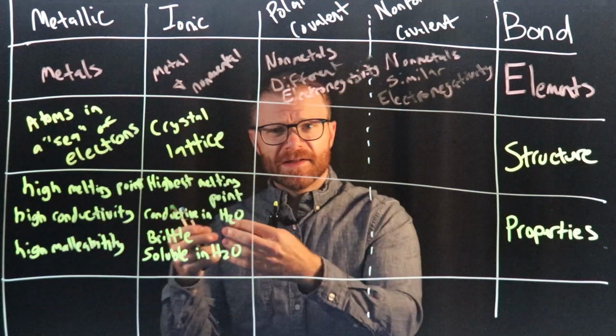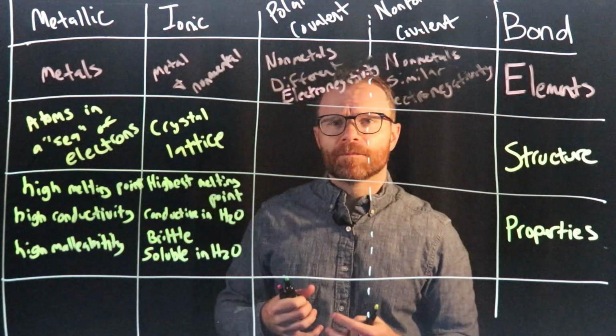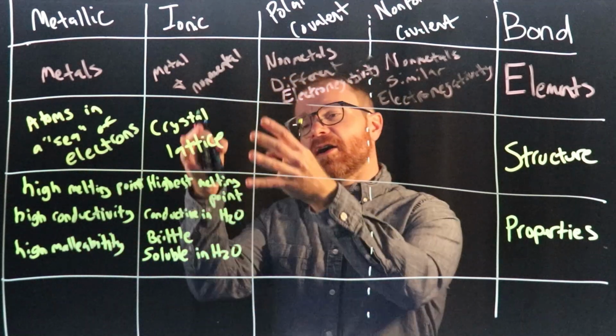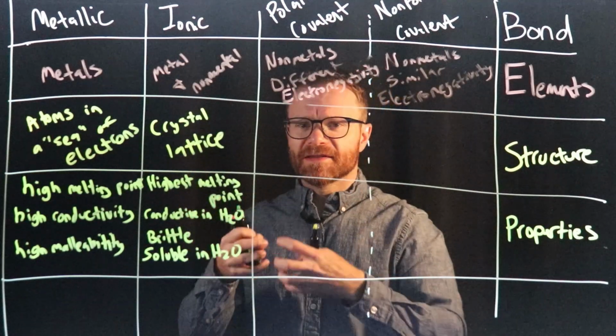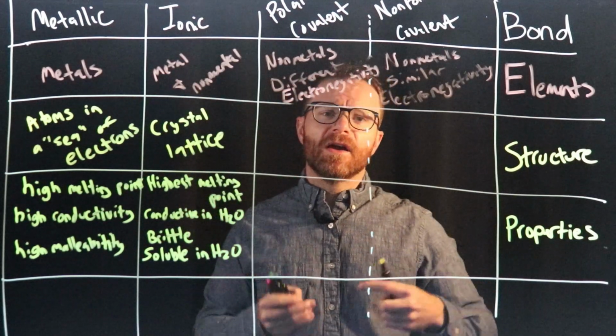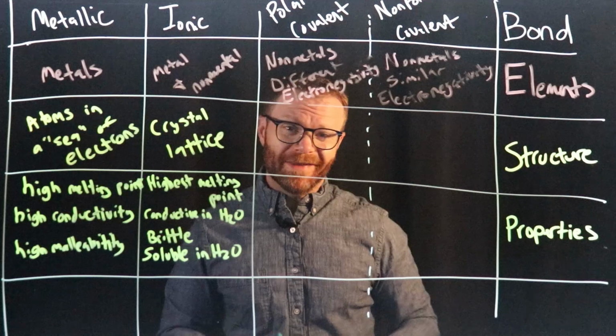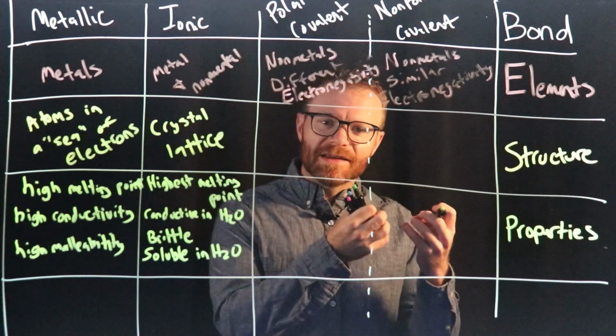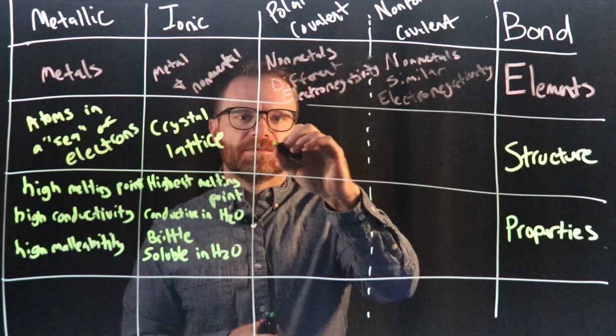Our metals exist in this big kind of sea of electrons, and our ionic compounds exist in these crystal lattices. Our covalent compounds are different. They exist as separate molecules.